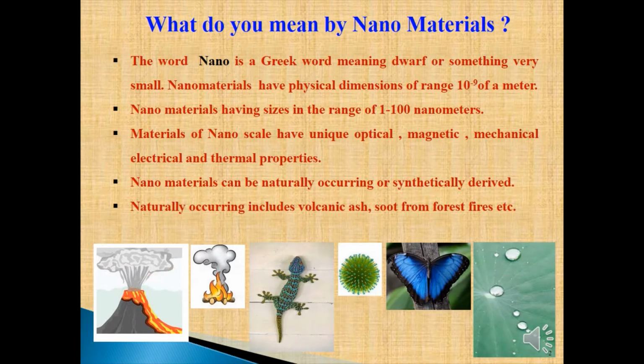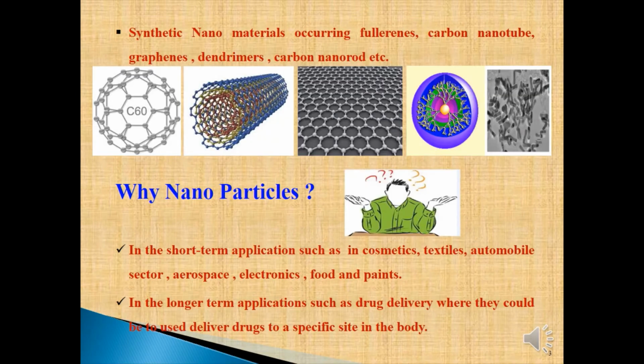In the next slide, we will be discussing synthetically prepared nanomaterials. Examples of synthetic nanomaterials include fullerene, carbon nanotubes, graphene, dendrimers, and carbon nanorod.